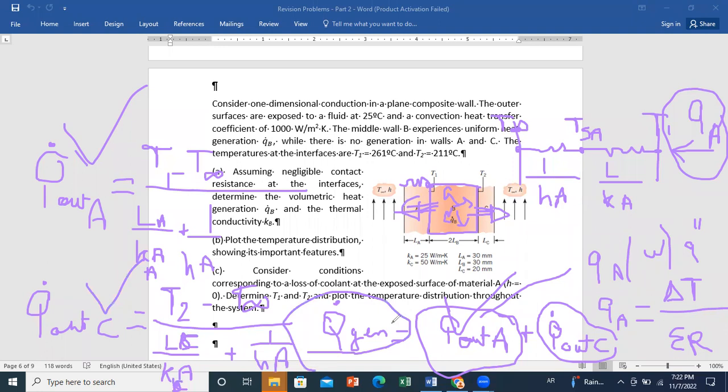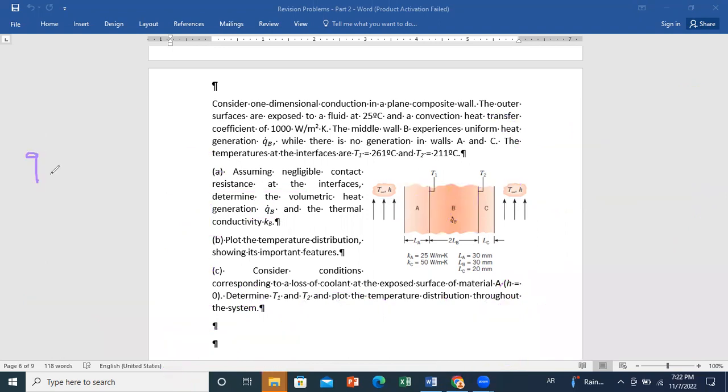And once you find Q dot generation, you can go back to your question to find the volumetric heat generation, because small q dot B is big Q dot B over the volume of generation.